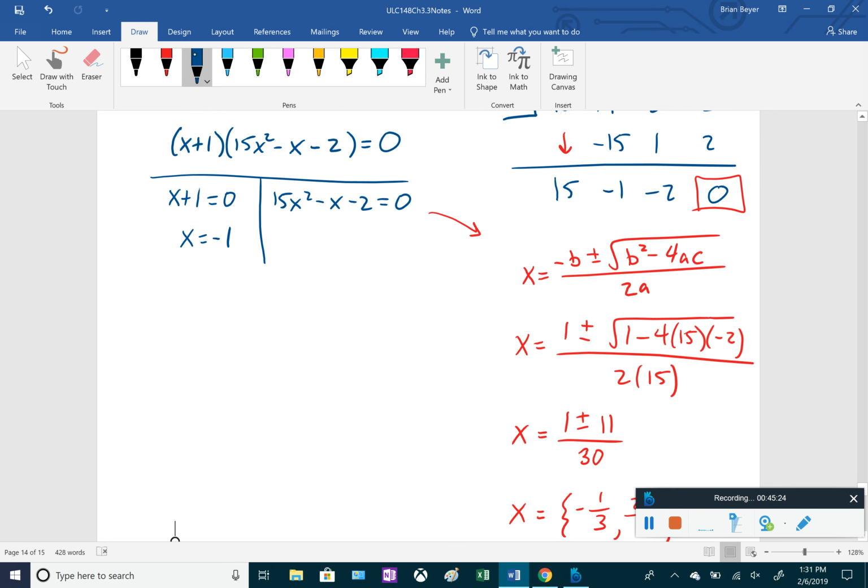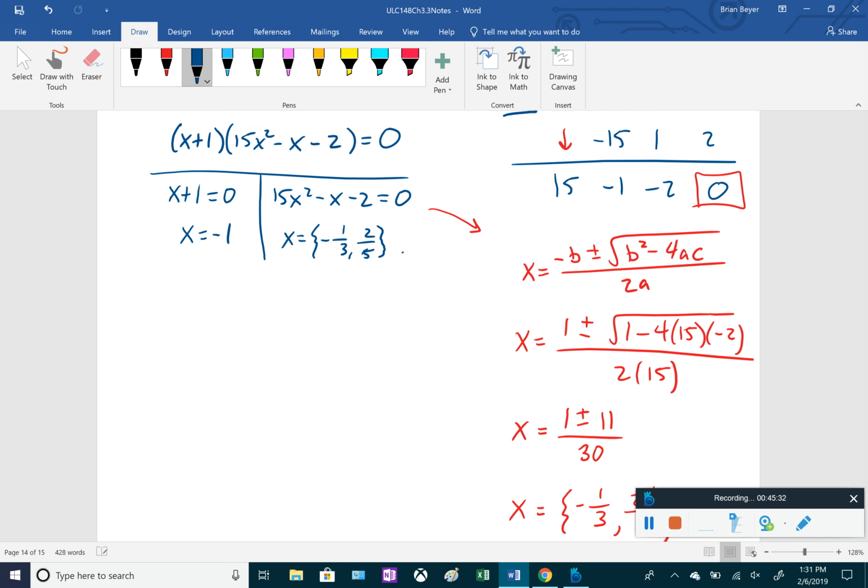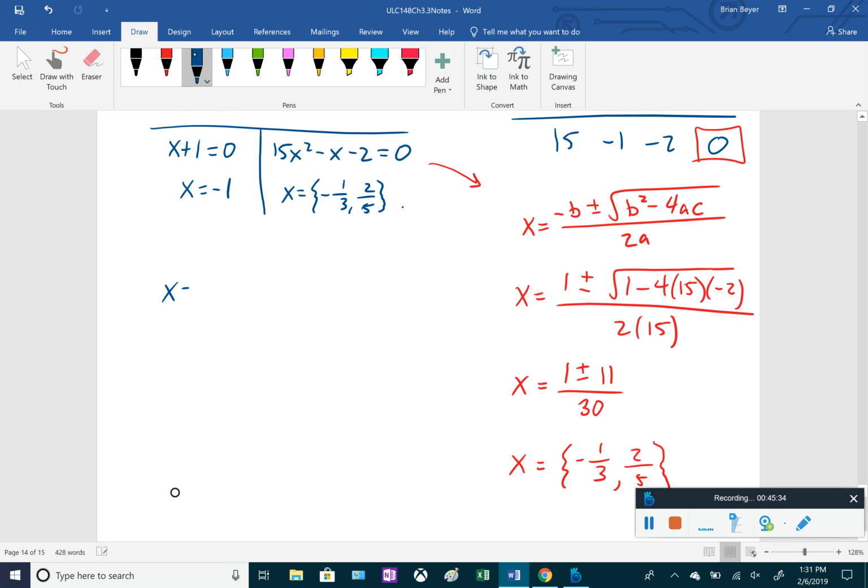So that's going to be our solution set. I'll write these answers again right here. Okay, so our answers are negative 1, negative 1/3, and 2/5.